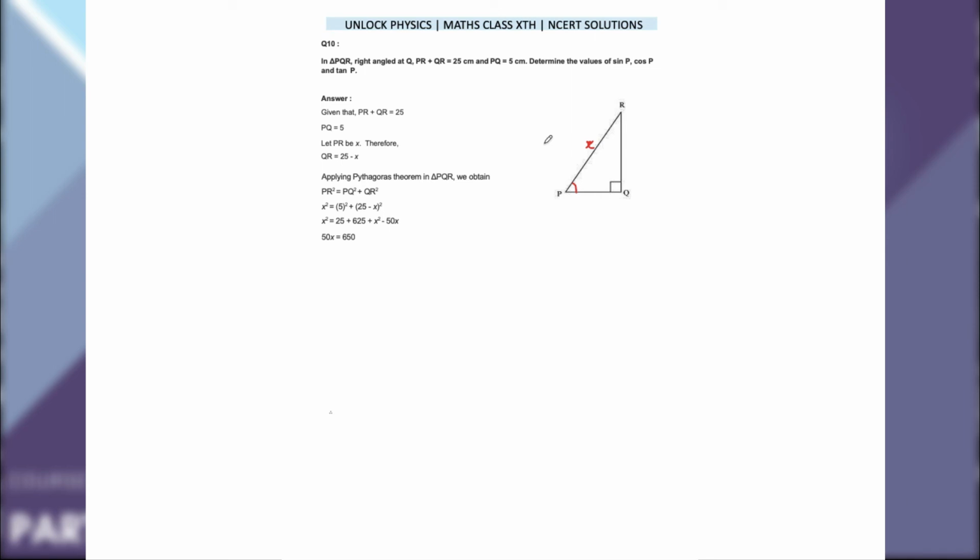X square is equal to 25 plus 625 plus X square minus 50X. So which gives 50X is equal to 650 and X is equal to 13. Therefore PR is 13 and QR is 12.